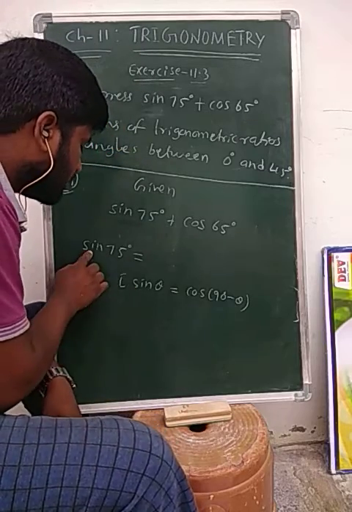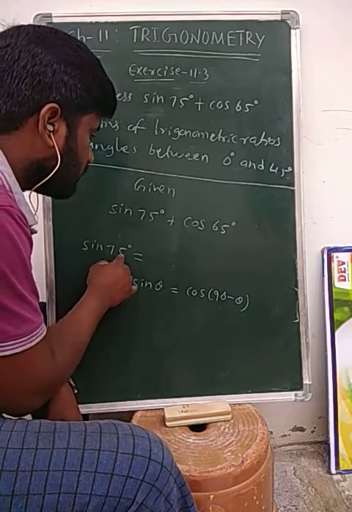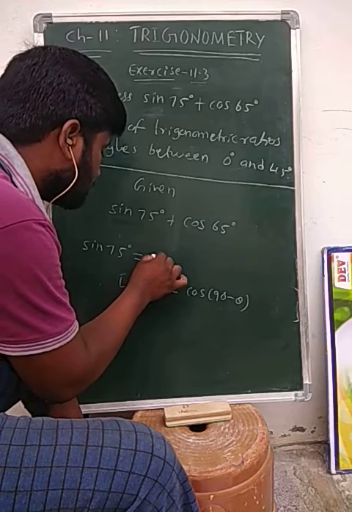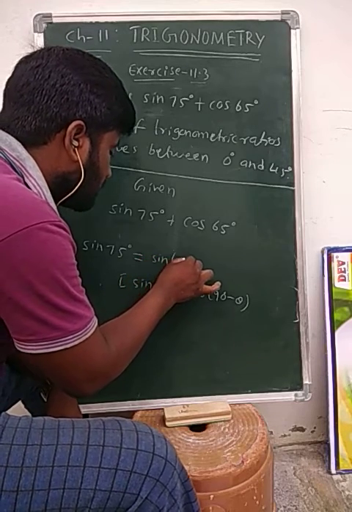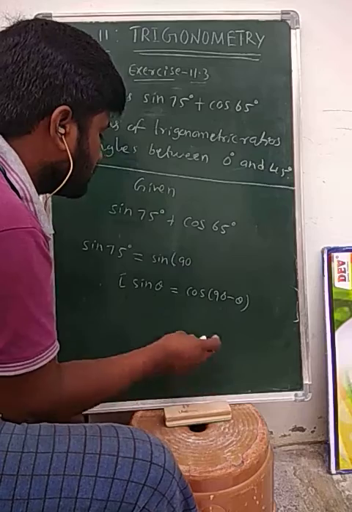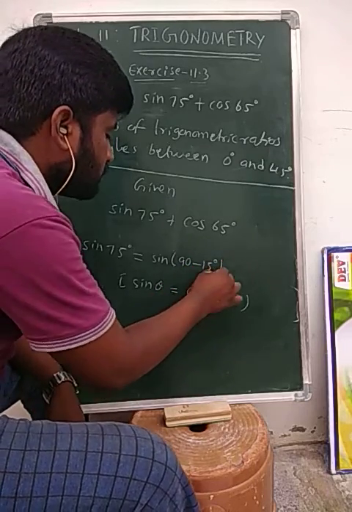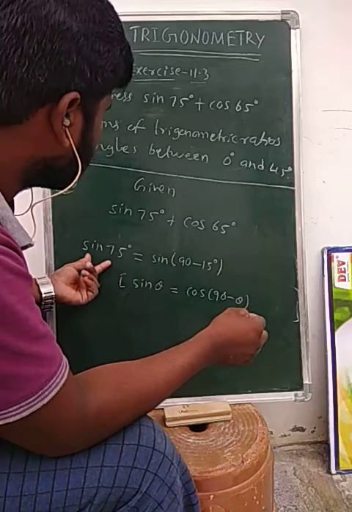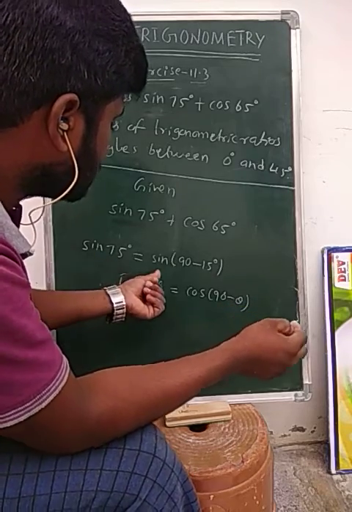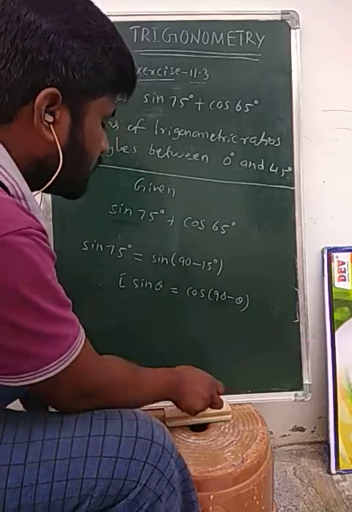So sin 75 means sin 90 minus 15 degrees.